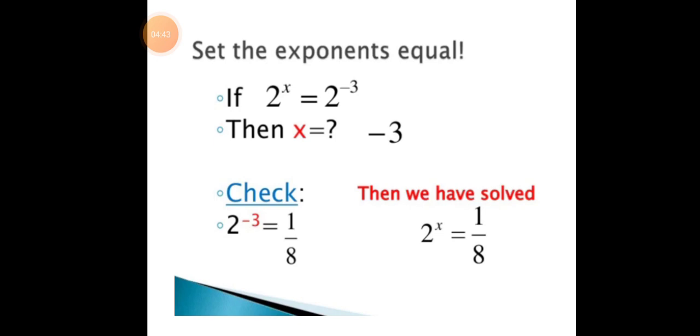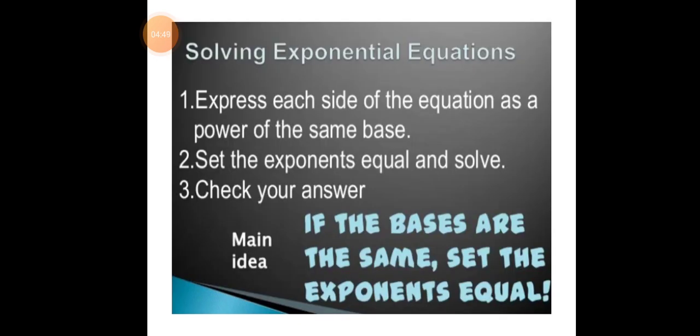Then we have solved it. To solve an exponential equation, first express each side of the equation as a power of the same base. Set the exponents equal and solve. Check your answer. The main idea: if the bases are the same, set the exponents equal.